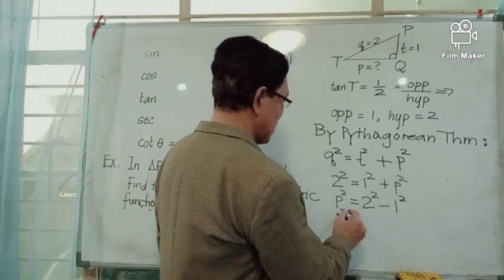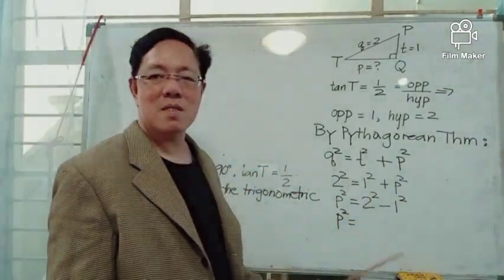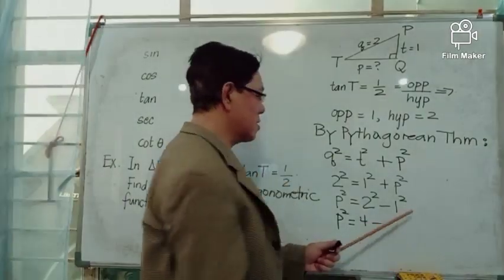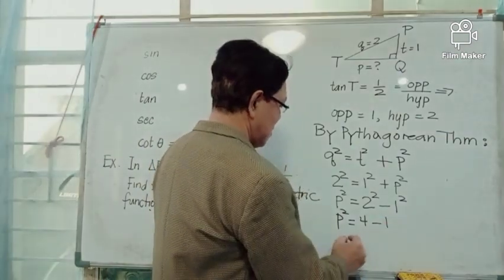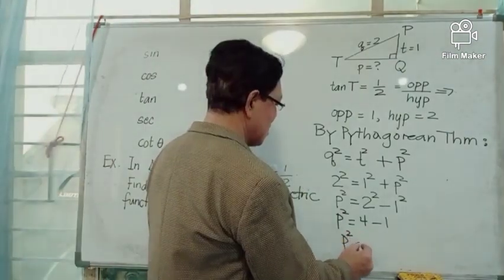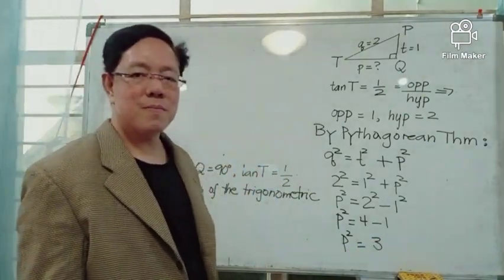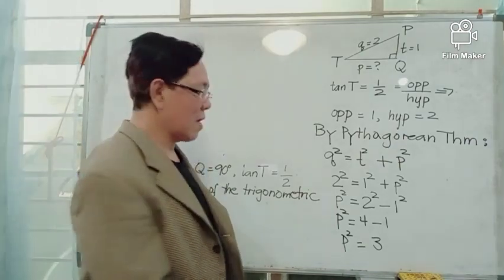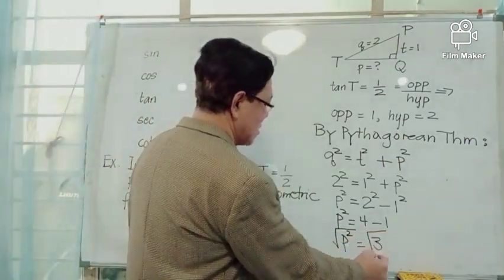Or p squared equals, the square of 2 is 4, minus the square of 1 is 1. Therefore, p squared is 3. Or we extract the root of both sides. Square root of p squared equals square root of 3.